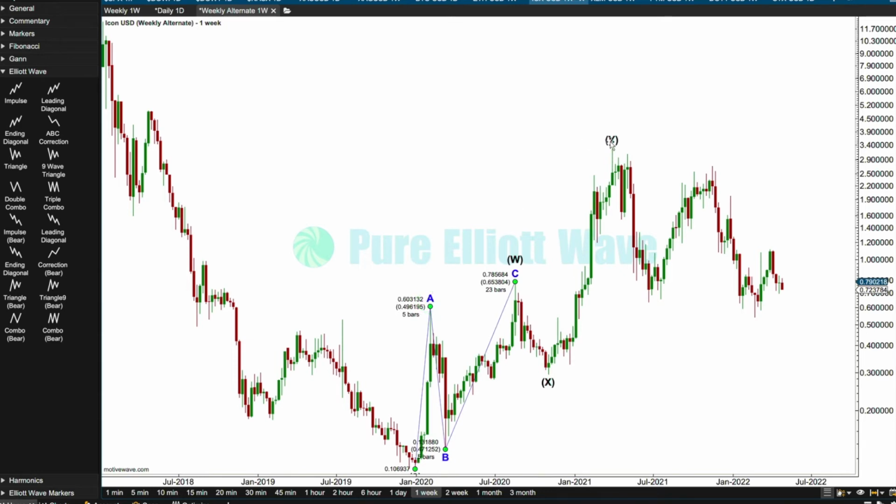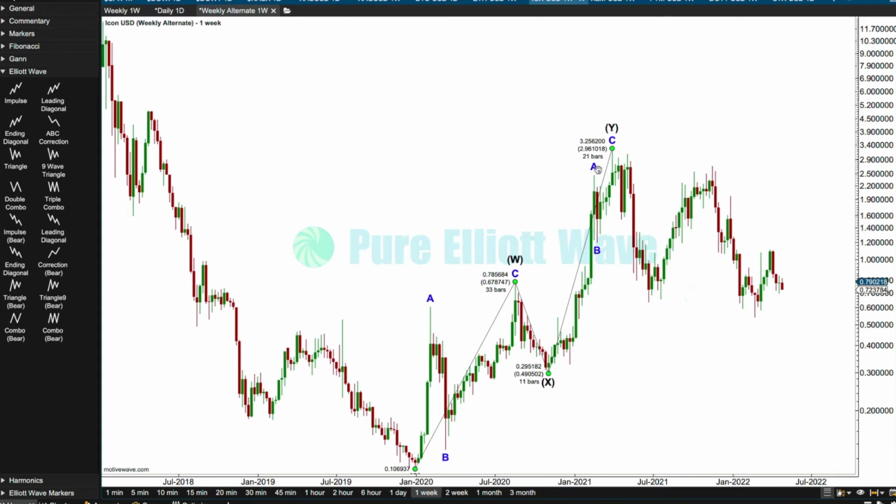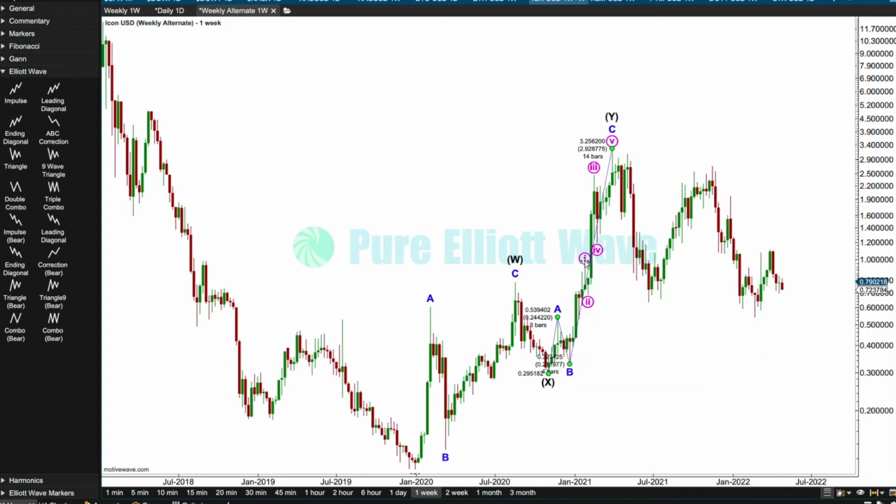A and C not too far off equality there, but here we're going to have one of them extended. And I think I'd rather have this like this and C extended, and I think I can see this. So C is, wow, so much longer than A. That's okay, sometimes waves are extended.